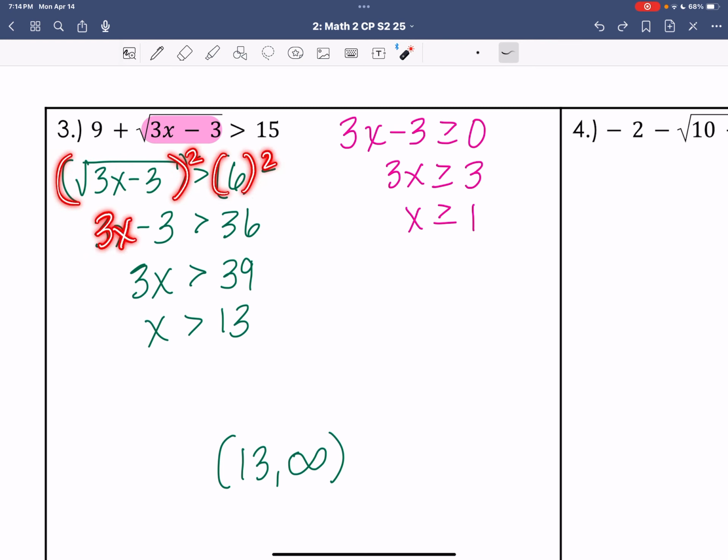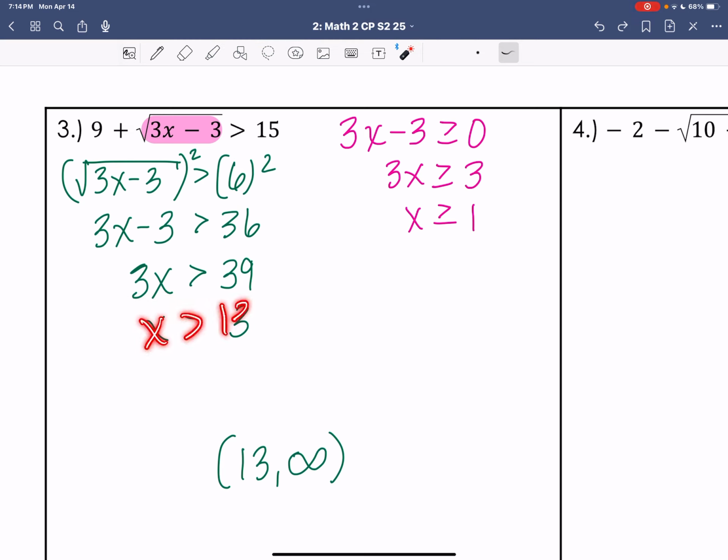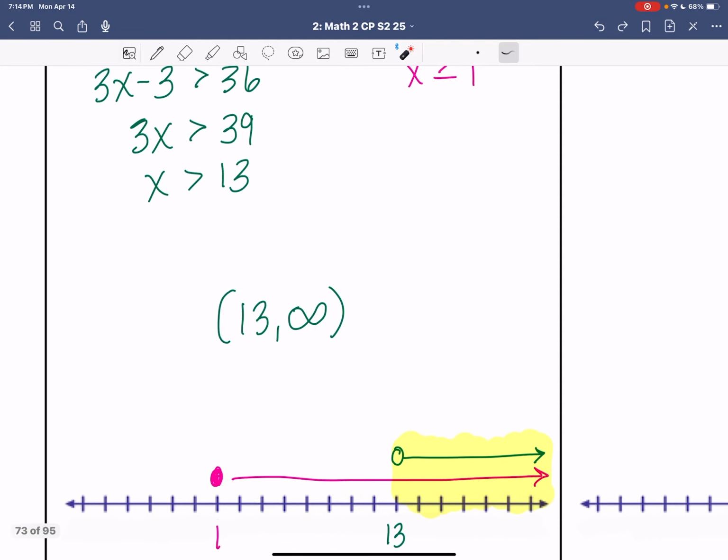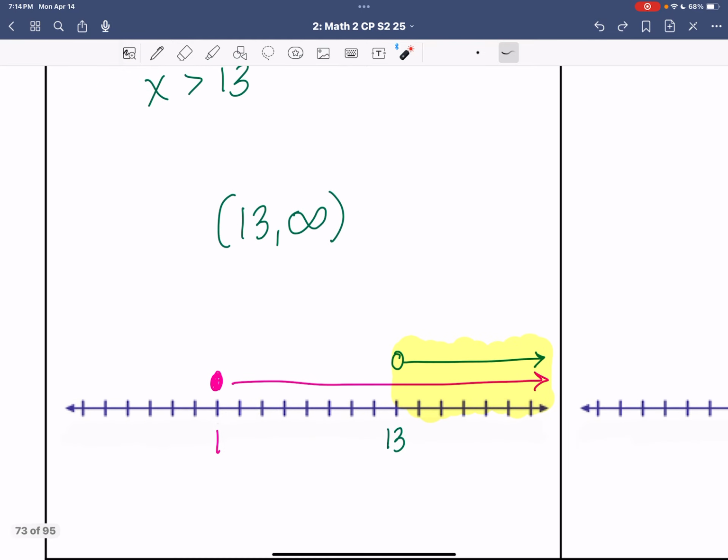So you get 3x minus 3 is greater than 36. Add the 3, moving this over, and then divide by 3. Since this is going to be open, we're going to come down here, it's going to be open, and it says x is greater than.